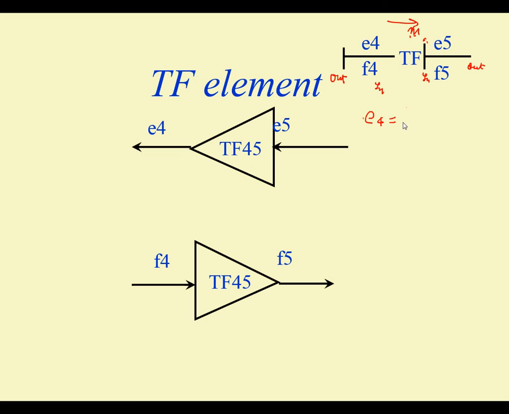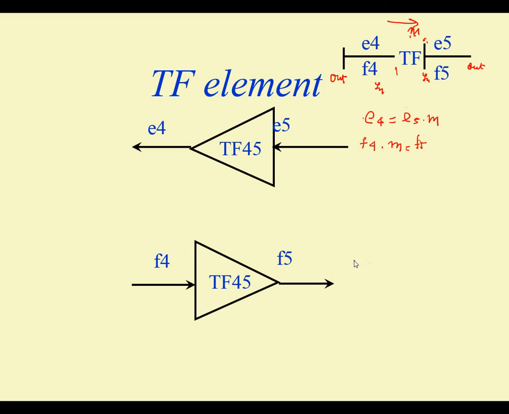And then the output is going to be F5, which is F4 times M, which is the input here, is equal to F5. So that's how we write the equation here.